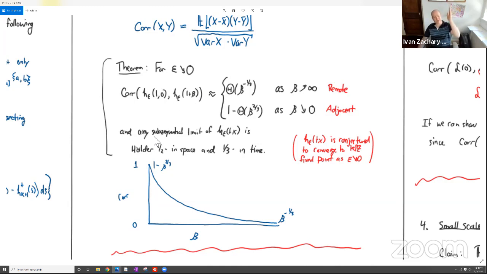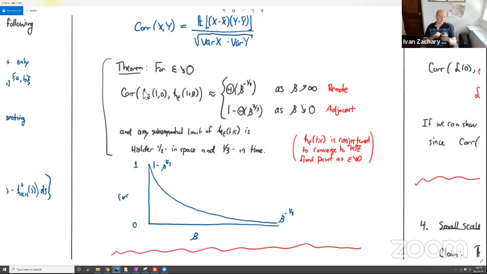So I look along a ray in my picture, and ask what's the correlation between the height fluctuations at time 1, which really is time 1 times epsilon to the -3, and then at time 1 plus beta, which is really 1 plus beta times epsilon to the -3. How correlated are those random variables?